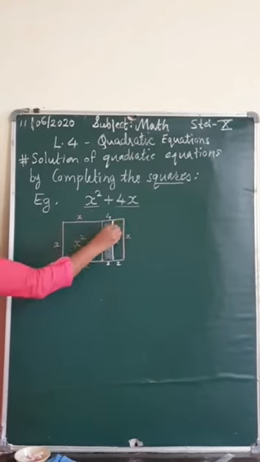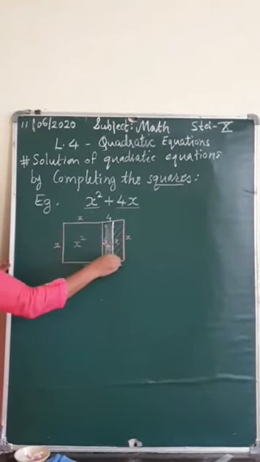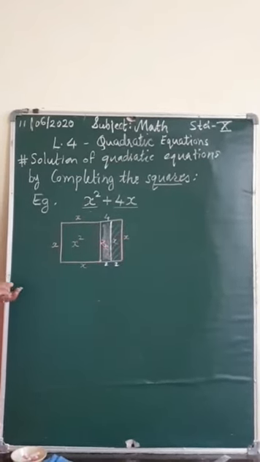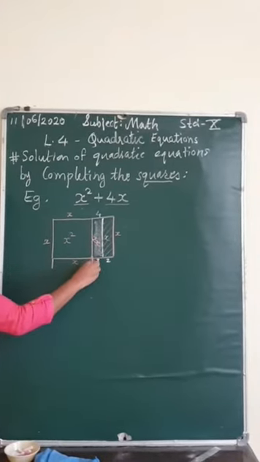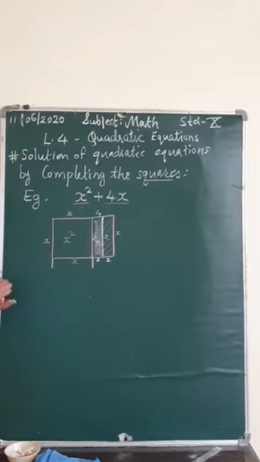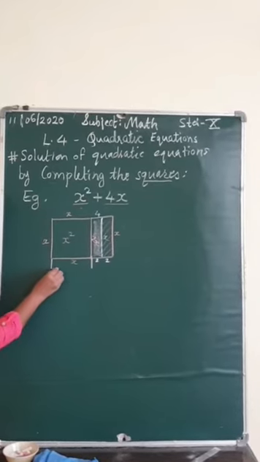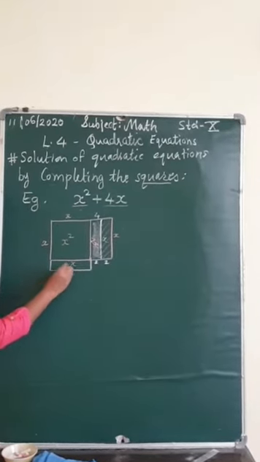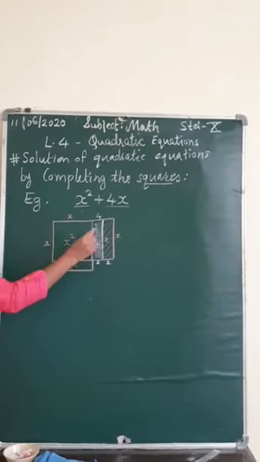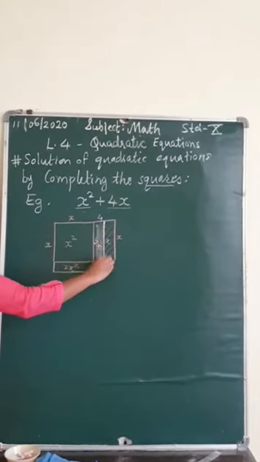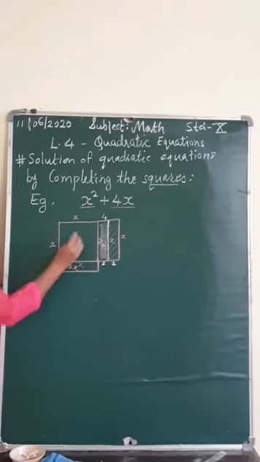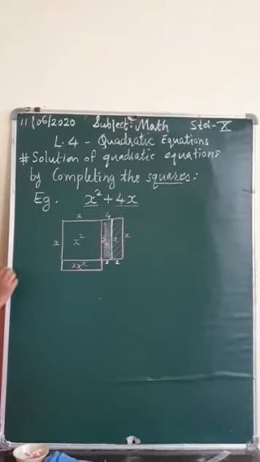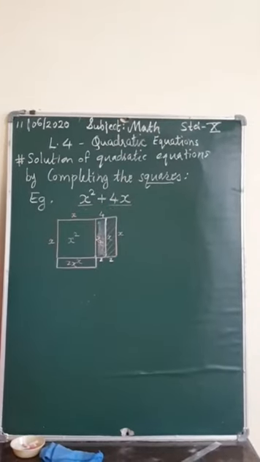And then this area we will cut from here and join it here. So what we have here now is similar to 2x. Even this much representation gives us this polynomial x square plus 4x by cutting this.